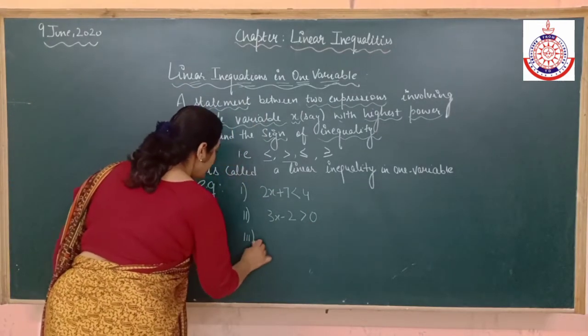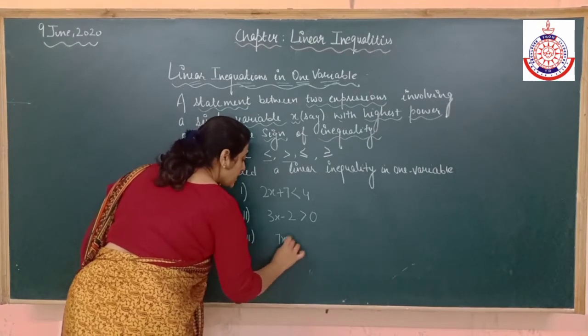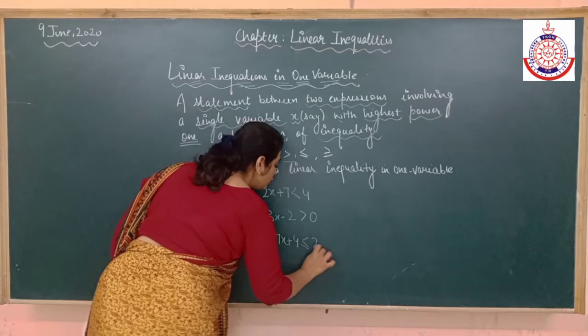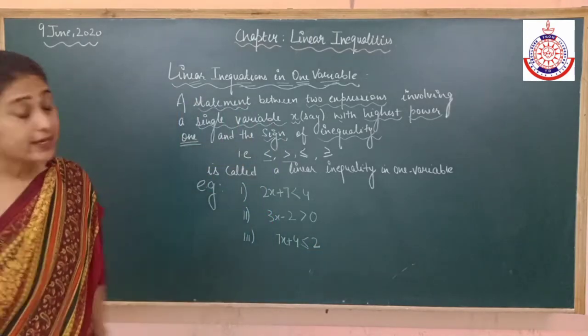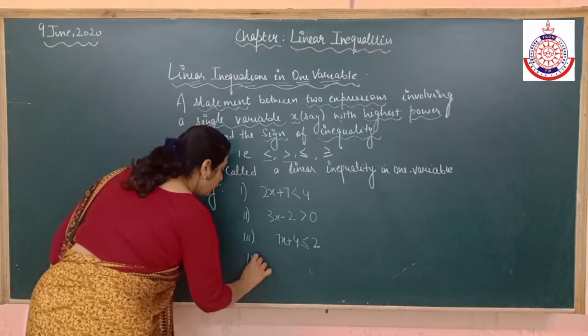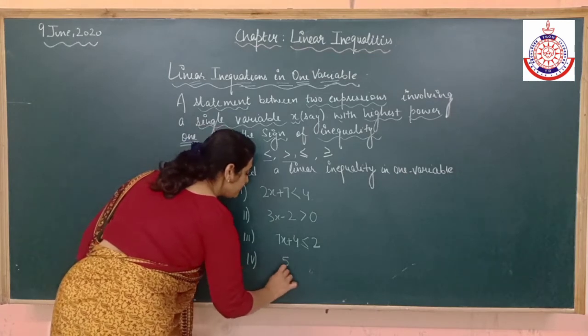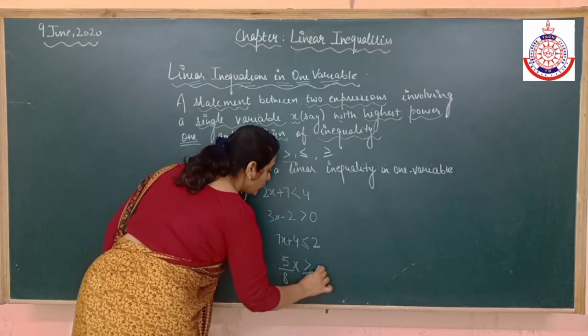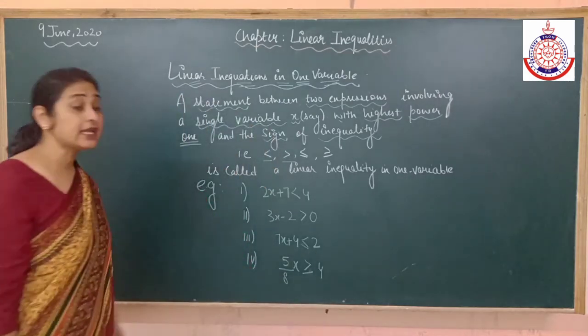If I say 7x plus 4 less than or equal to 2, that's an inequality. If I say 5 by 8 x greater than or equal to 4, that's an inequality.